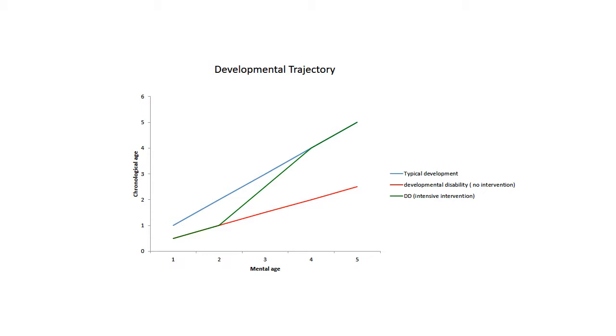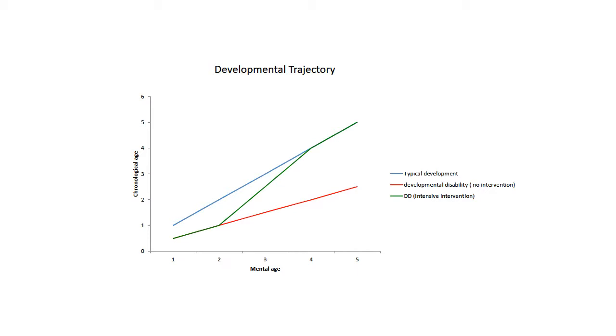So they become 2 years old chronologically, but mentally they're only operating at like a year and a half old. And that red line just keeps slowing down, so that by the time they're 3 chronologically, they're only acting like a 1 and a half, maybe 2 year old, and so forth and so forth. The point is that because of the delay, they are getting further and further behind from their peers.